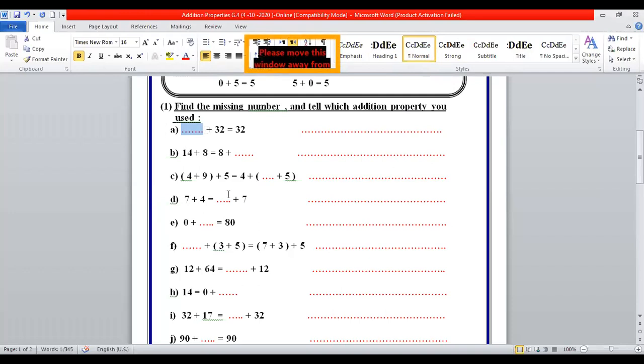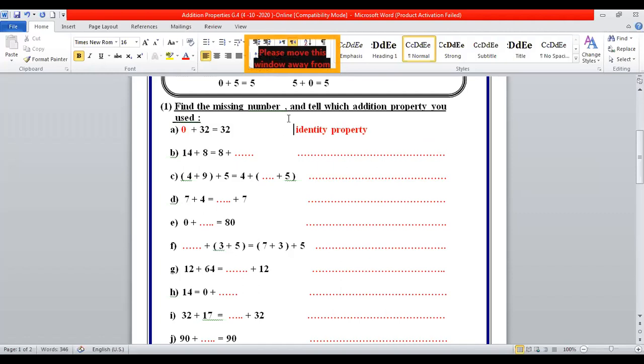The missing number here is 0. What is the name of the property? When we add any number plus 0, it equals the same number. It's called the identity property.